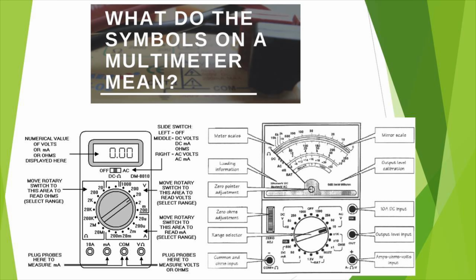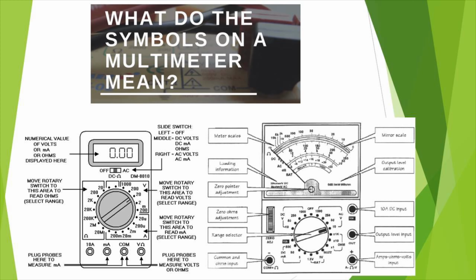Now let's talk about what the symbols on a multimeter mean. On the left-hand side, you can see a digital multimeter. You will have a slide switch for on and off, and a voltage range, so you can choose any voltage you want, and a current range, so you can simply rotate and pick what range you want.